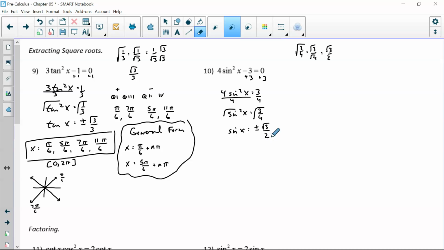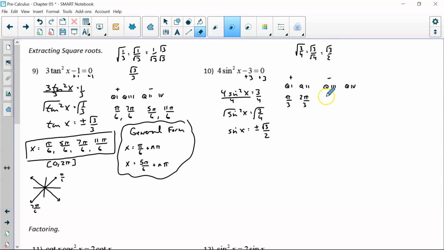Now, sine is positive in quadrant 1 and quadrant 2. Sine is negative in quadrant 3 and quadrant 4. So we have to take into account the positive solutions and the negative solutions. When sine is root 3 over 2, that's going to be our pi over 3s. So for quadrant 1, pi over 3. For quadrant 2, 2 pi over 3.